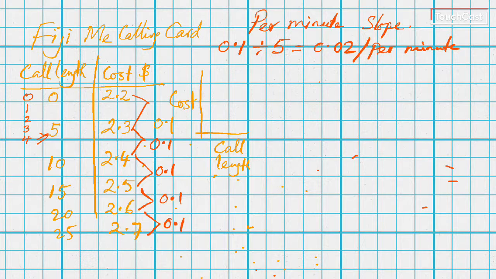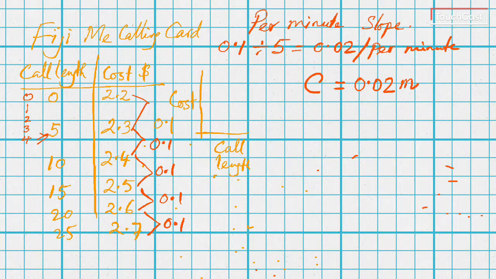So if you call the cost C, the gradient is 0.02 paid per minute, and the call length is, I believe they call it M, the number of minutes.